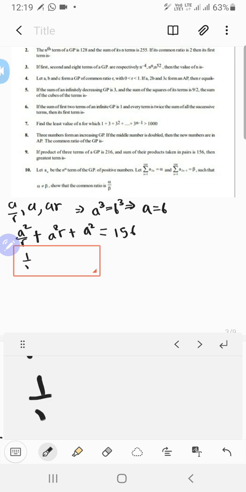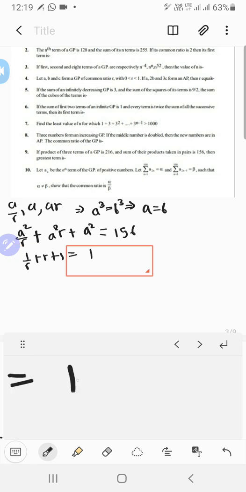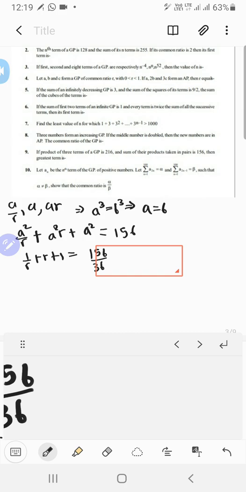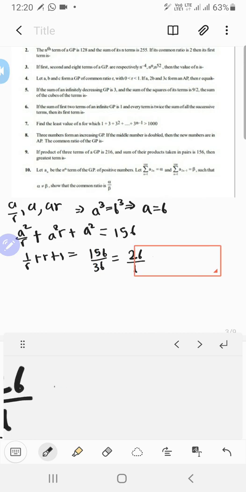So 1 by r plus 1 plus r is equal to 156 divided by 36. Let's see if this gets simplified further. Looks like this can get simplified. So this is equal to 12, and then 36 over 6, which is 13 over 3.